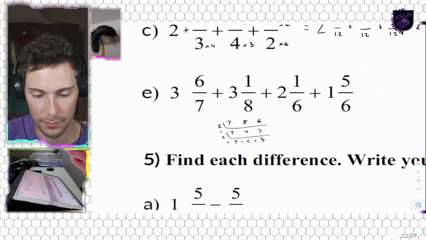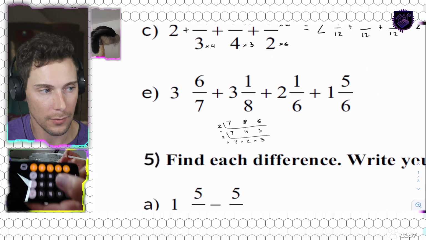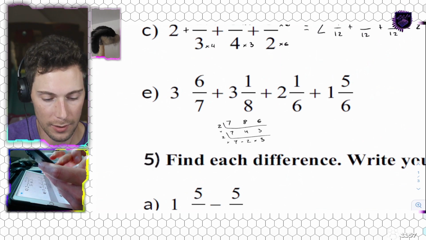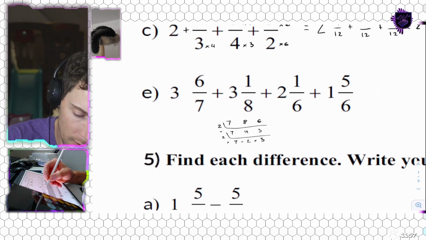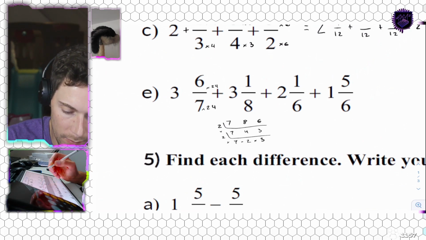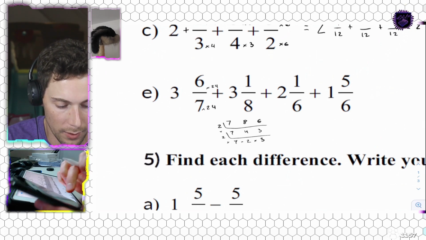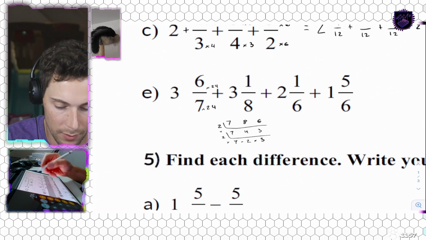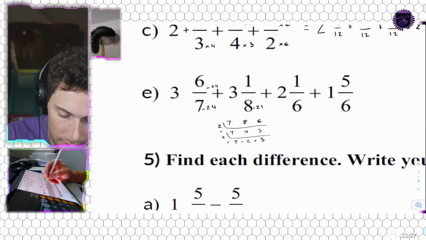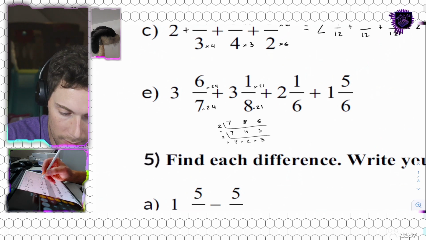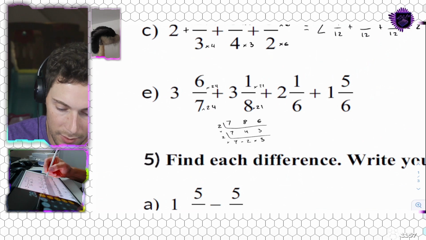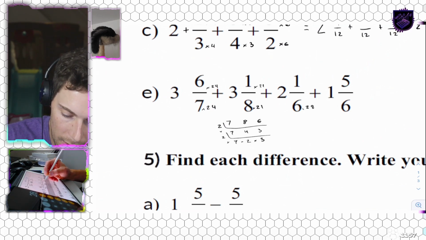This is good though. 168 divided by 7 equals 24. 168 divided by 8 equals 21. 168 divided by 6 equals 28.